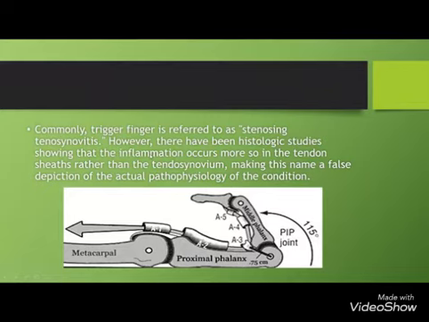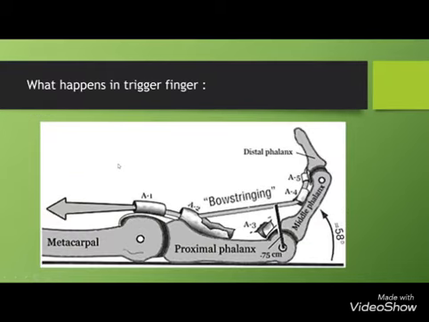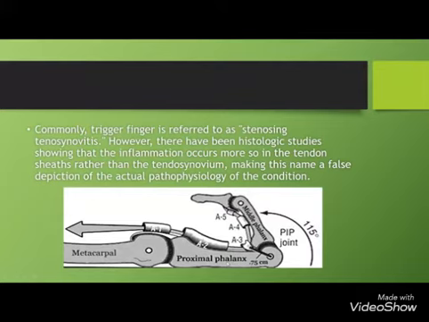So most commonly in trigger finger, the inflammation is happening on the tendon sheath, not on the synovium. So the naming of this disease is a little bit incorrect, clashing with the pathology.